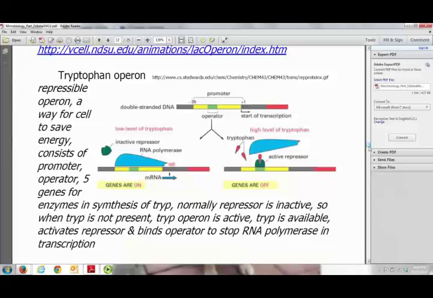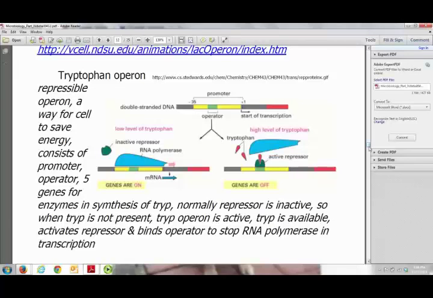So the tryptophan operon is another well-known one in bacteria. It's considered a repressible operon, and this is another way for the cell to save energy. This consists of a promoter, an operator, and 5 genes for enzymes in the synthesis of tryptophan. Normally the repressor is inactive, so when tryptophan is not present, the tryptophan operon is active.